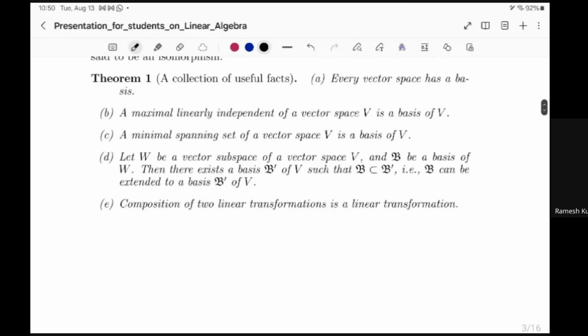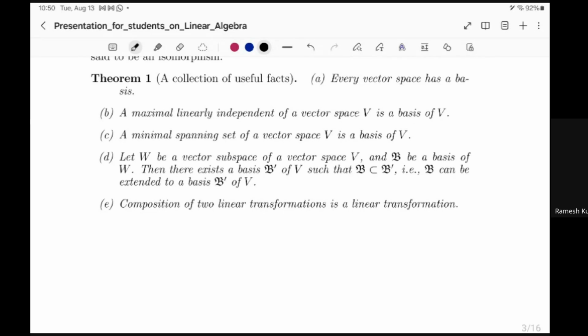Now, the linearly independent sets. If you consider all the linearly independent sets, then the maximal one, because some linearly independent sets cannot really be compared by the subset idea. So that's why I'm using maximal instead of maximum.